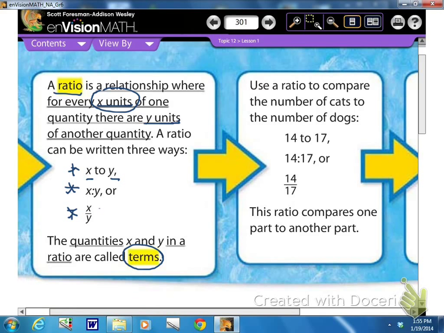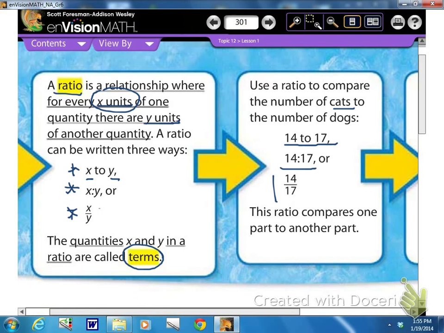So you use a ratio to compare the number of cats to dogs. So here we have 14 to 17 because there are 14 cats to 17 dogs, and notice they say cats first, so that's the number you put first. You always put it in the order that is asked. Or 14 colon 17 or 14 over 17. This ratio compares one part to another part.